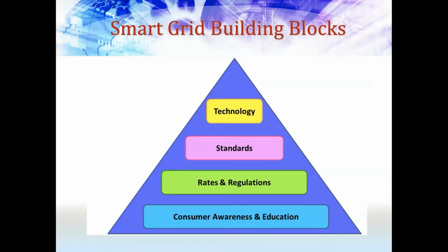Next is standards. We know the smart grid technologies are manufactured by many, many companies. For example, smart meters are made by at least 5-6 companies that I know. We have to make sure that as we deploy technologies from multiple vendors, they follow the same standards, so they're interoperable, meaning part of the network may have a Siemens meter, another part of the same network may have one from Switzerland, GE, all of that.